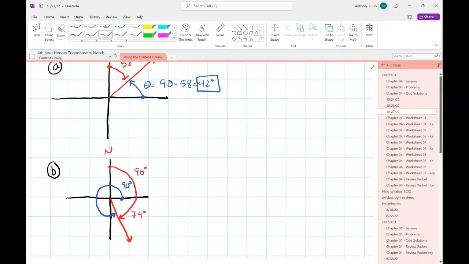So there's 90 degrees for that quadrant, 90 degrees for that quadrant, 90 degrees for that quadrant, and then how much for this piece? 90 minus 74, which is 16. So my theta should equal 90 plus 90 plus 90 plus 16.